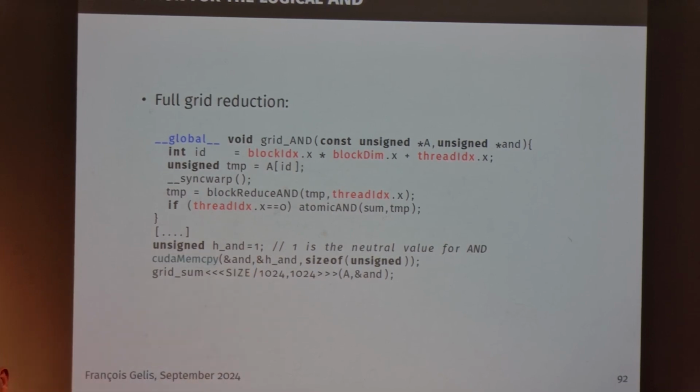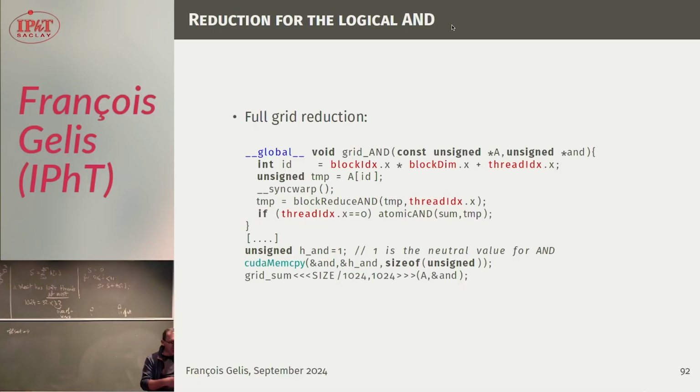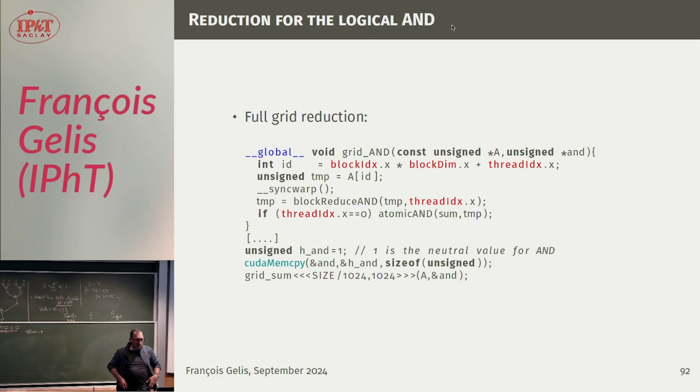Okay, that's all. And this way you could compute, if you have a certain test that you want to check, for instance, that all the values in an array satisfy a certain condition.